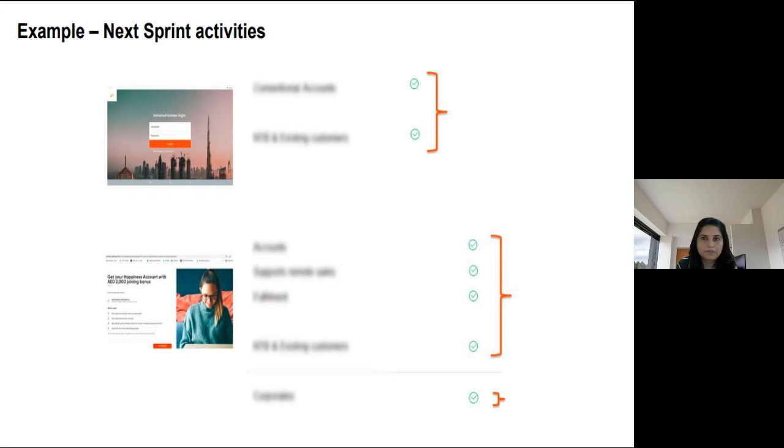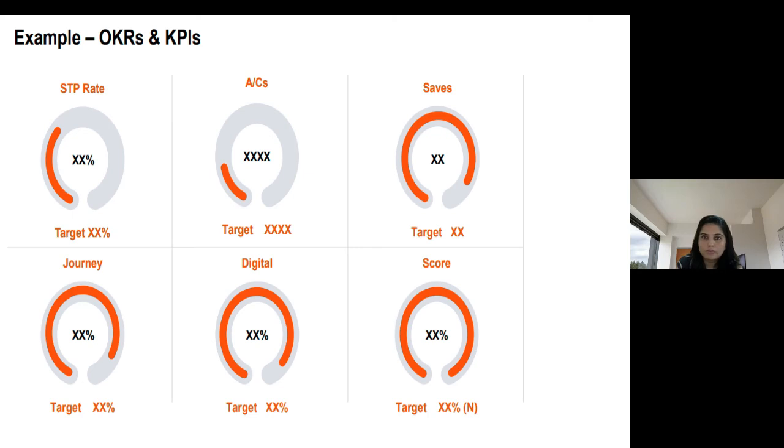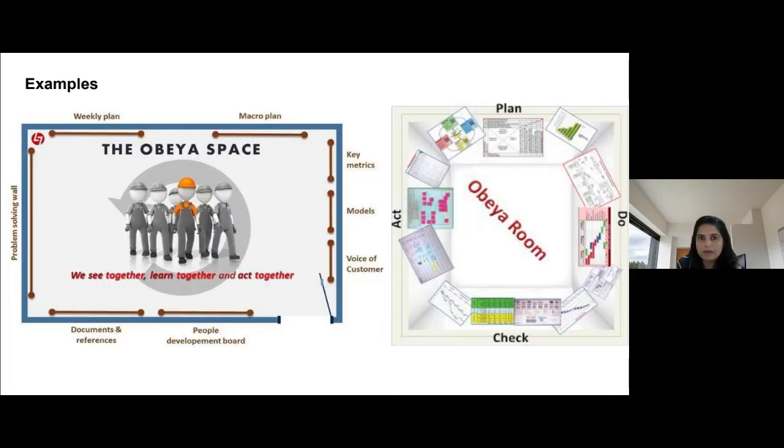Okay, this is another example of different OBR rooms. You have a weekly plan, a macro plan, key metrics, which is a performance room, and documentation, and a problem-solving wall. Here you put a problem, what you want to solve, and then accordingly you put the artifacts.